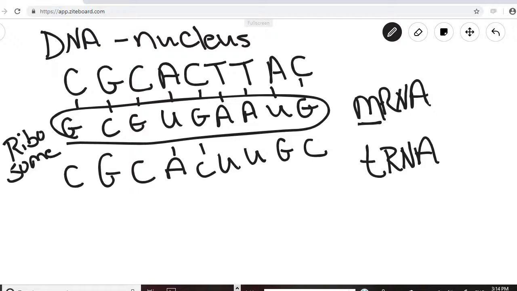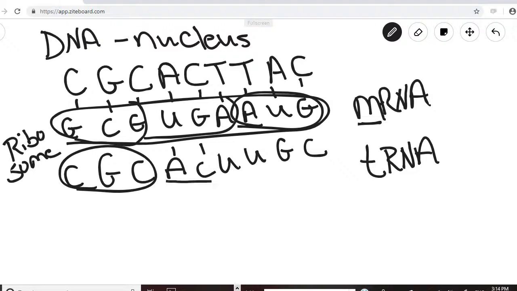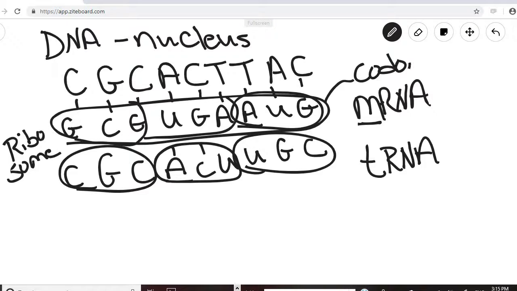The other thing we said was that on both messenger RNA and transfer RNA, these bases tend to group themselves into groups of 3. Each group of 3 on messenger RNA is called a codon, and on transfer RNA, each group of 3 is called an anticodon.